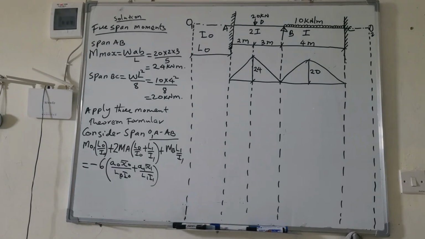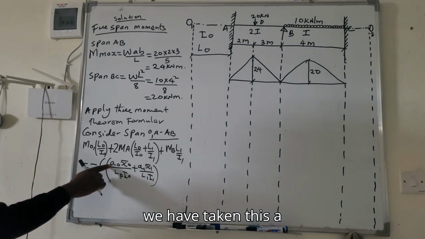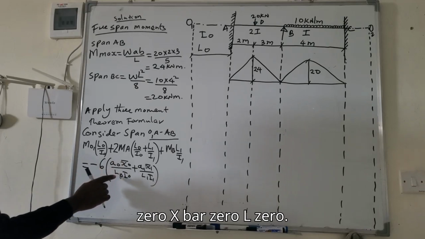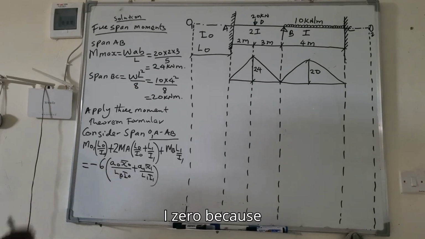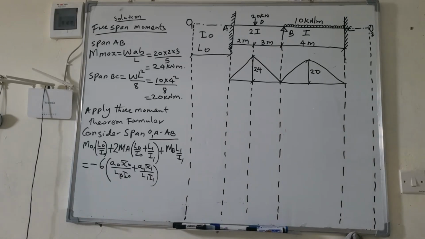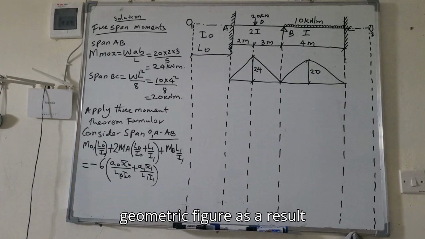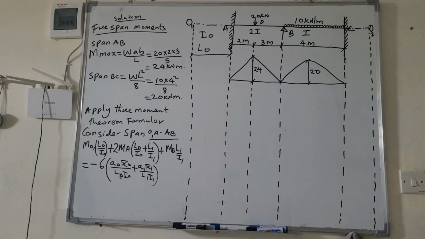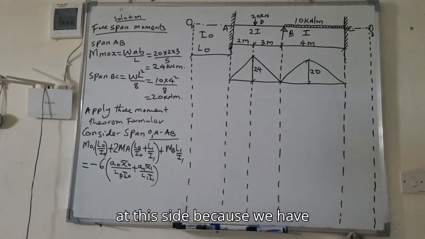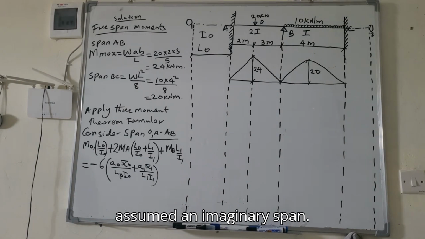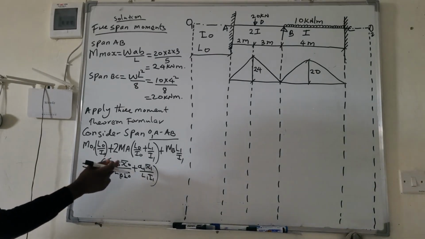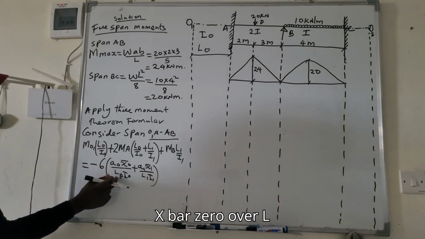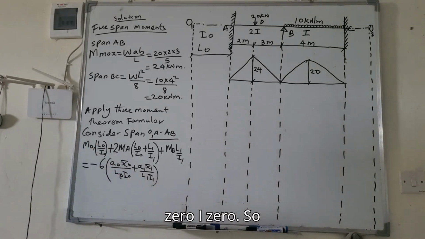So we have taken this A0 x bar 0 over L0 I0 because there is no geometric figure as a result of the free span moment at this side, because we have assumed an imaginary span. So that's why we have A0 x bar 0 over L0 I0.